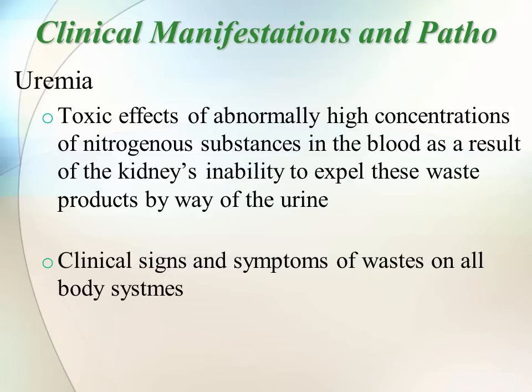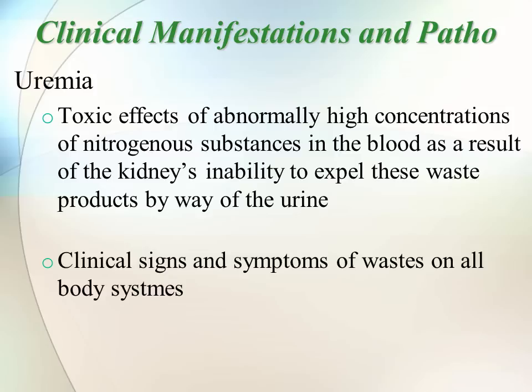Let's talk about uremia. Because as the kidney fails, it has a profound effect on all the body systems. There's not one cell in the body that is not affected by uremia. So uremia is waste product accumulation, and these substances affect the rest of the body.